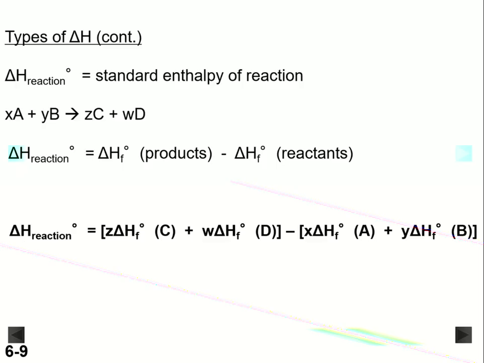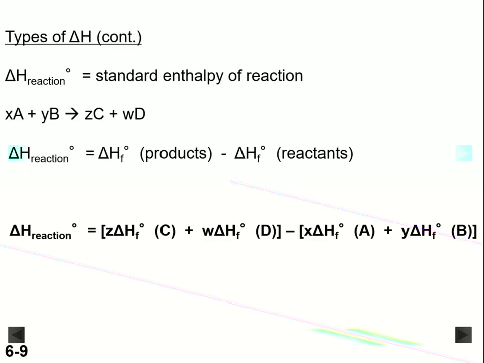How do we get the enthalpy of formation of the products? That's shown at the very bottom for the equation in bold. The enthalpy of formation of the products would be Z times the standard enthalpy of formation of C, since we have Z moles of that produced, plus W times the enthalpy of formation of D, since we have W moles of substance D. That term in brackets is equal to the enthalpy of formation of the products.